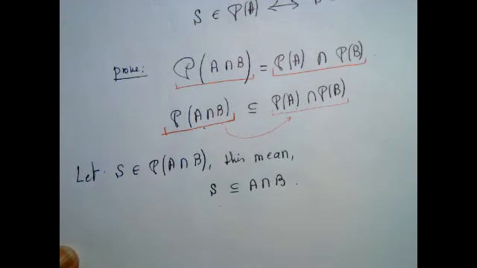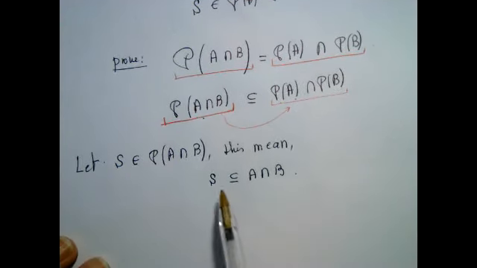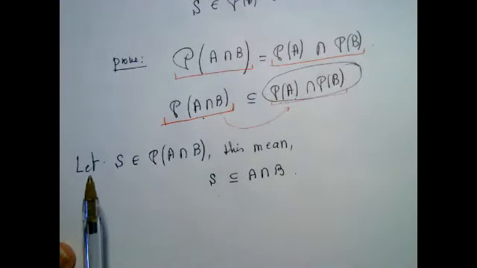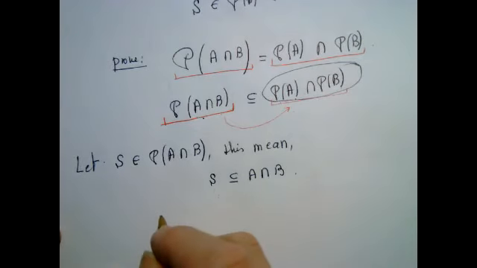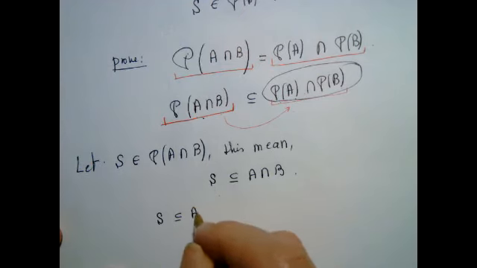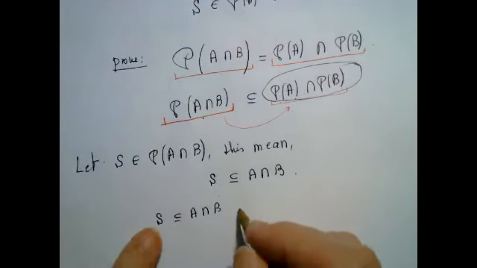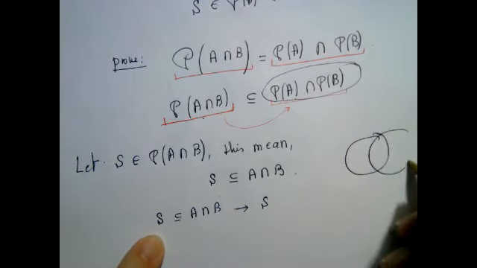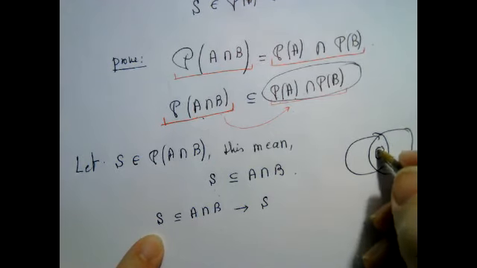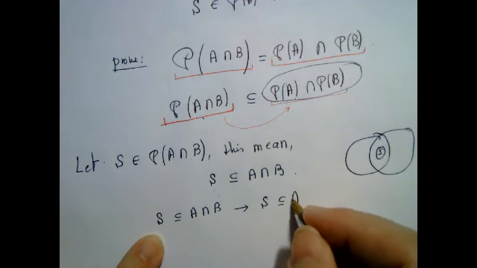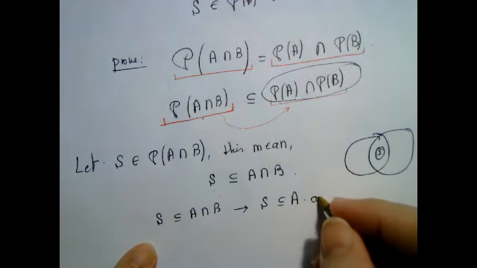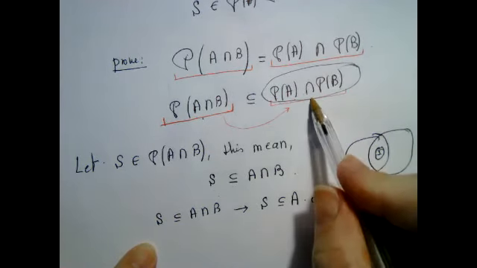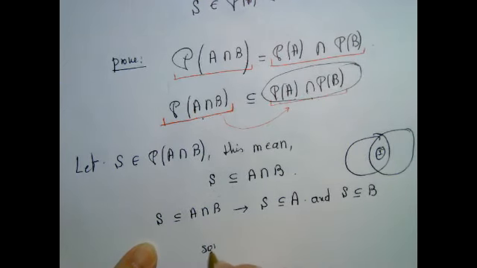Who can finish it in 2 minutes? How can I get here? So S is a subset of A intersect B. If S is in the intersection, it means that S is a subset of A and S is a subset of B, because that's where I'm heading. So where is my S?